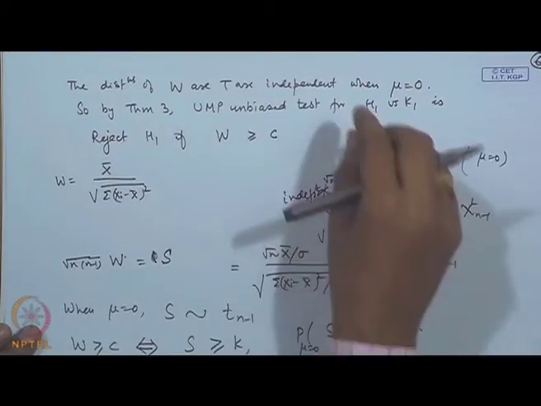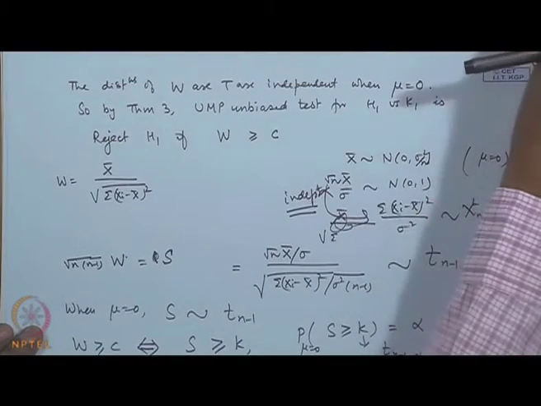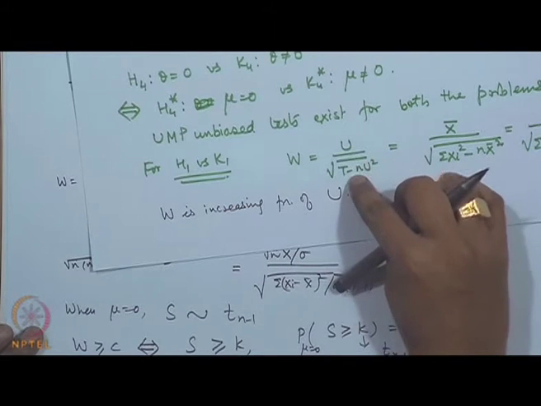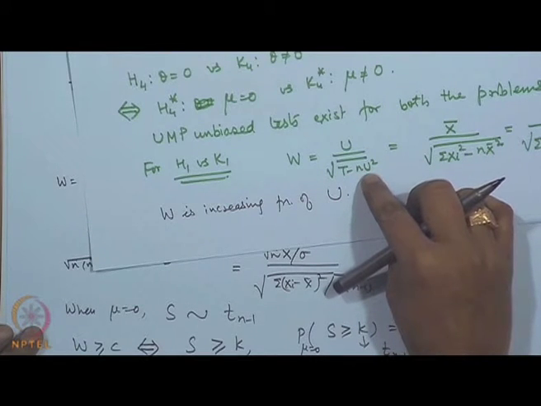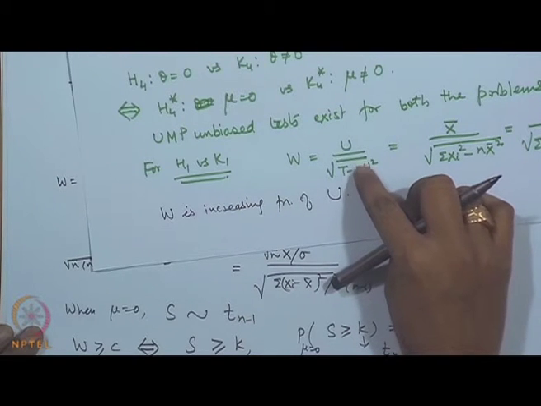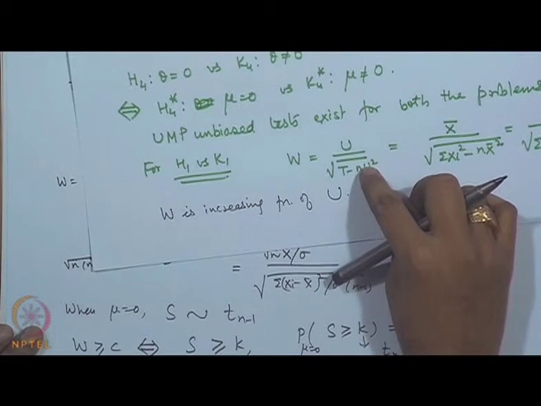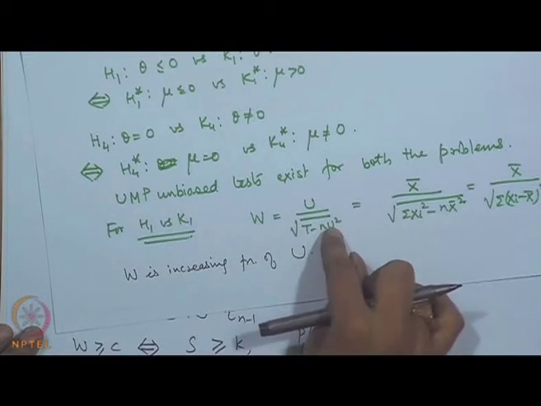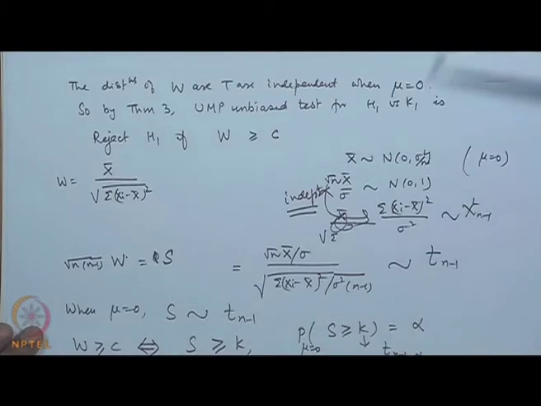If you look at this function here that I have defined, U divided by square root of T minus n U square, this is not a linear function of U, although it is increasing in U, but it is not linear. So, if I want to test the hypothesis H 4 versus K 4, I cannot use this. So, for that I define another function.